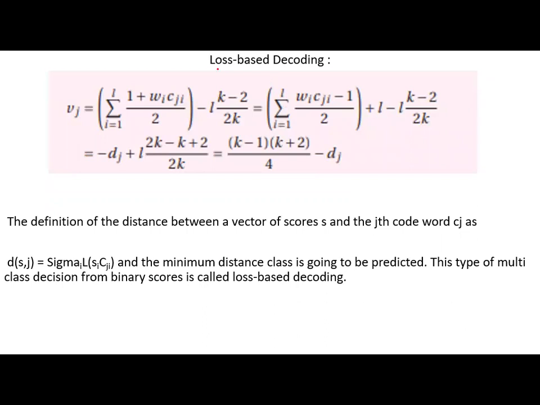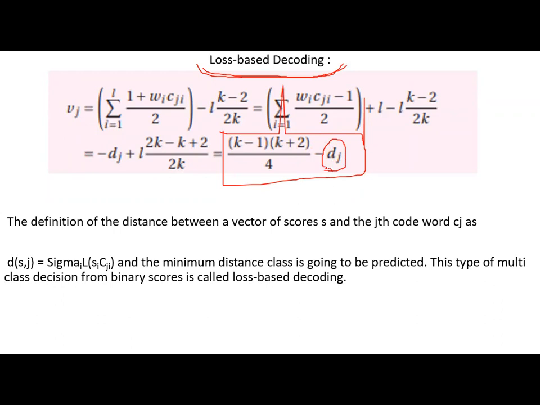Now this is called loss-based decoding. Vj is equal to the final one, where k is given. Vj is equal to k in k minus 1 into k plus 2 by L minus dj. dj is our calculation, our distance.